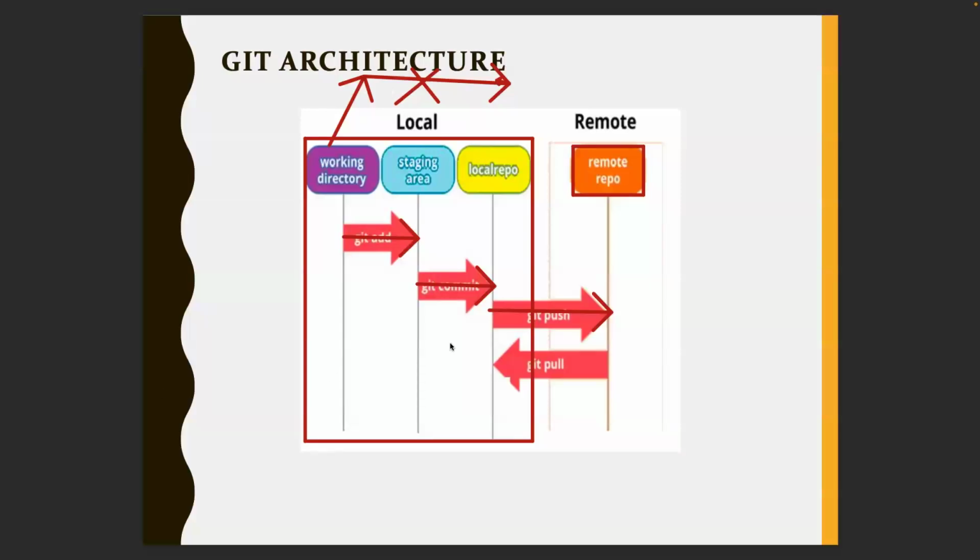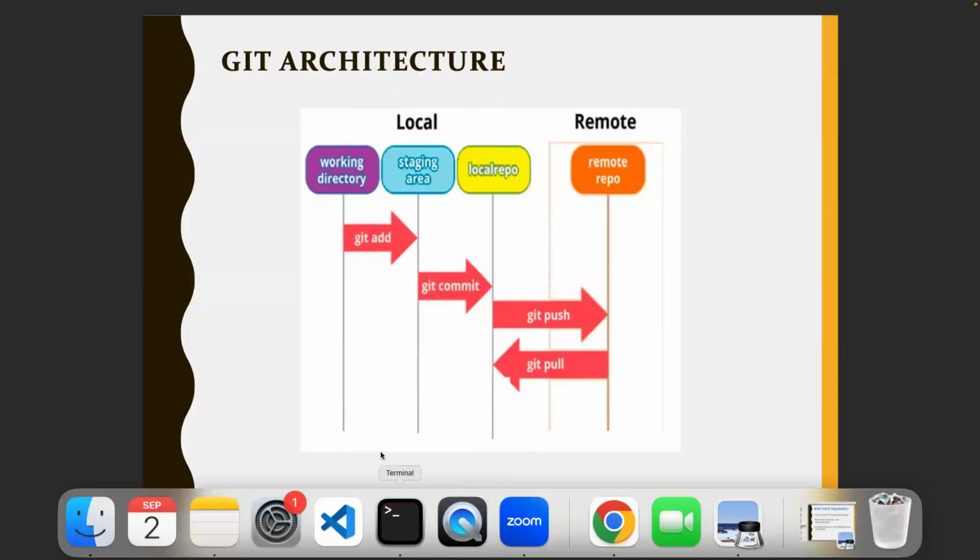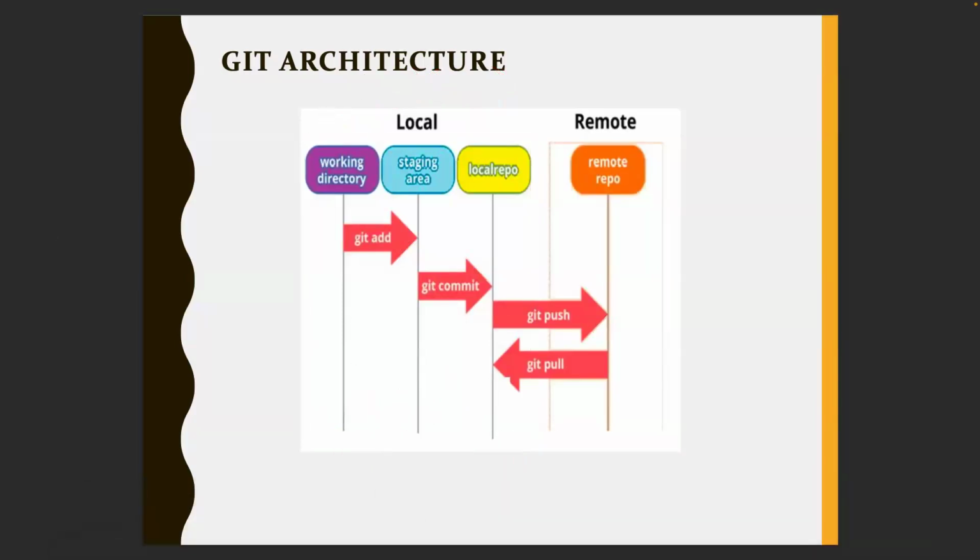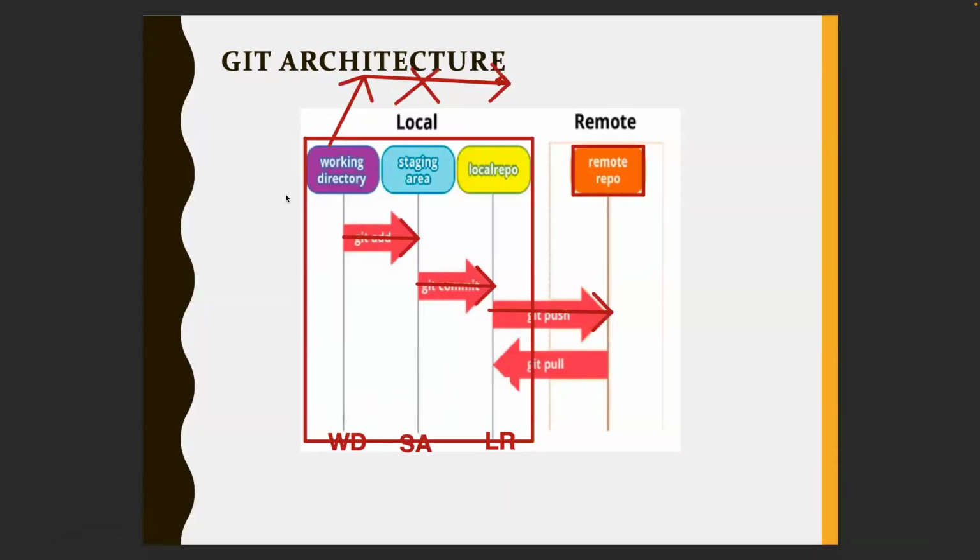You might have a question: why do we need this staging area? Any importance for this staging area? This is working directory, staging area, and local repository. Staging area is, like I said, like a preview or pre-check before your changes go to remote. Let me give a simple example. Suppose you have 10 files in your working directory.